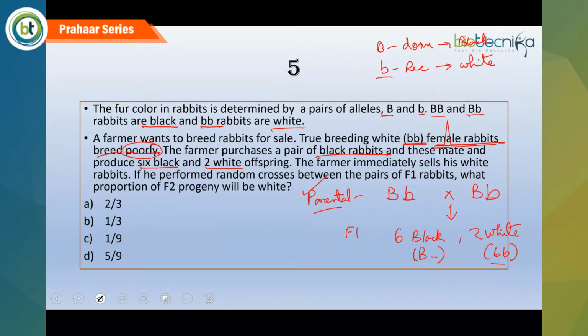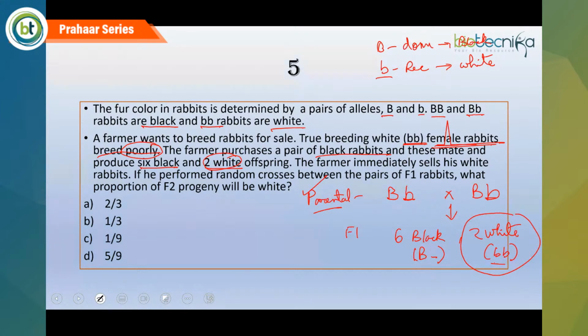So basically they both were heterozygotes. That is when it was possible for them to produce these white rabbits. So from here we found out the genotype of the parentals the farmer bred. But this farmer definitely wanted to make more money, so he sold off these white rabbits.